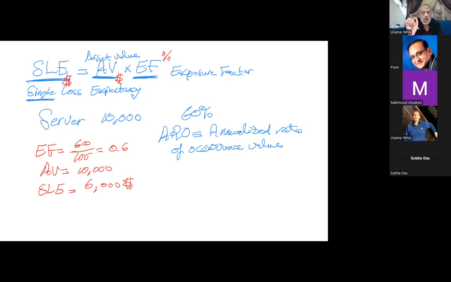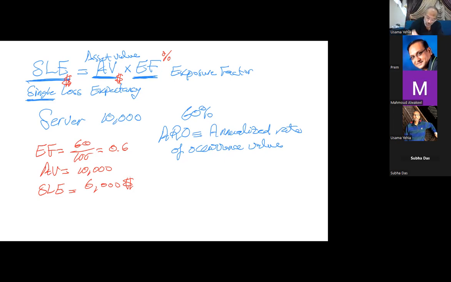How many times will the threat, or the risk, happen in a single year? This is very important, and usually this ARO is a source of conflict for all the people, or at least my trainees. Why? We don't know how to calculate it. Gentlemen, this is very simple.